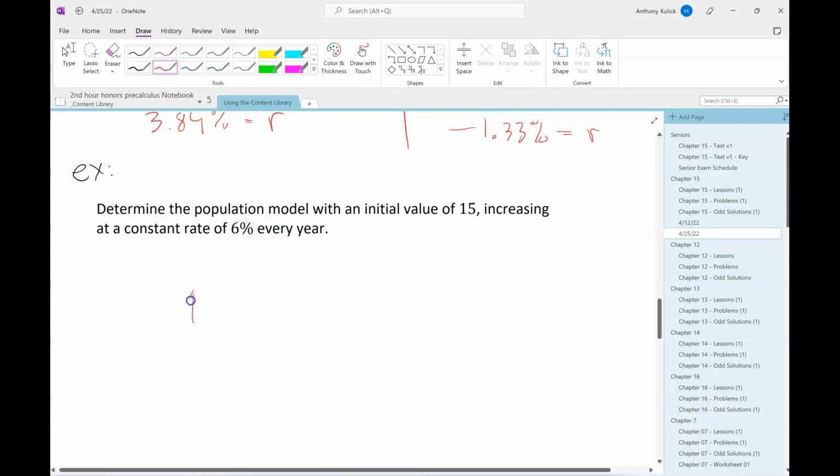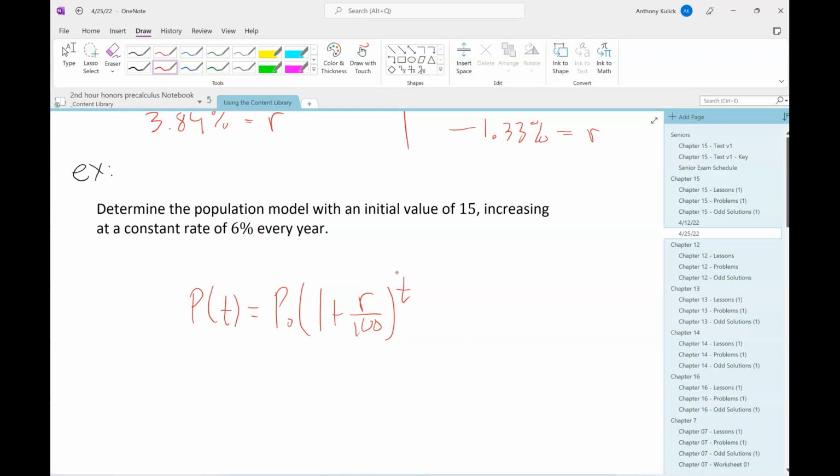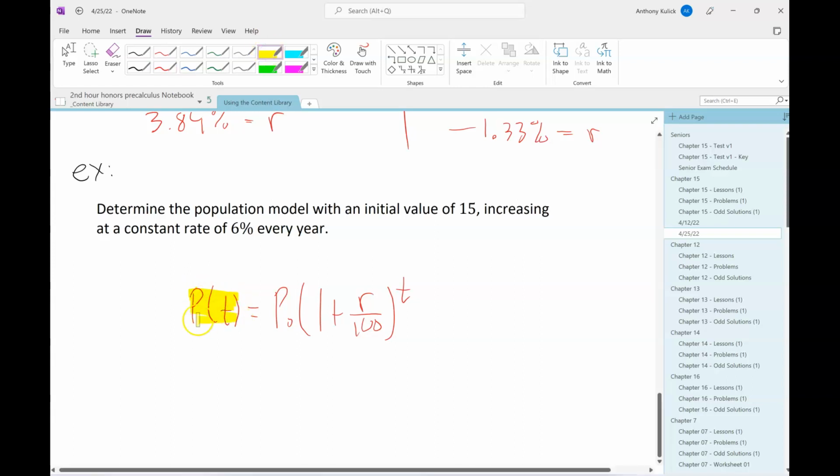Since it says population model, clearly we should be using this population model that we just quoted earlier. A population model should have a variable for its independent and dependent variables, so those pieces are not going to have anything filled into them.